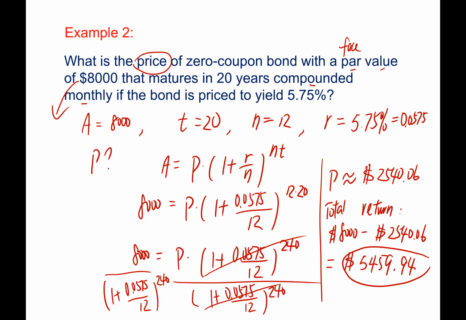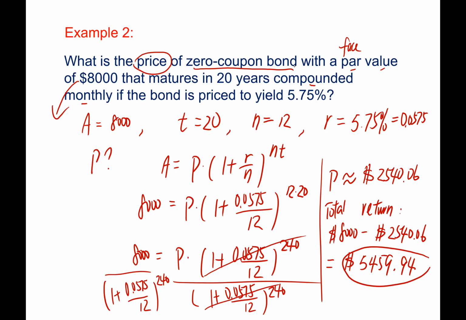If you feel like this is a good investment, you can put the money in. Otherwise, you can look for other investment opportunities out there. But that's the mechanics behind all this, especially the zero coupon bond.